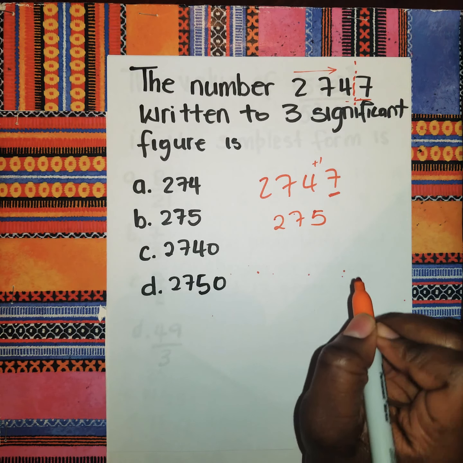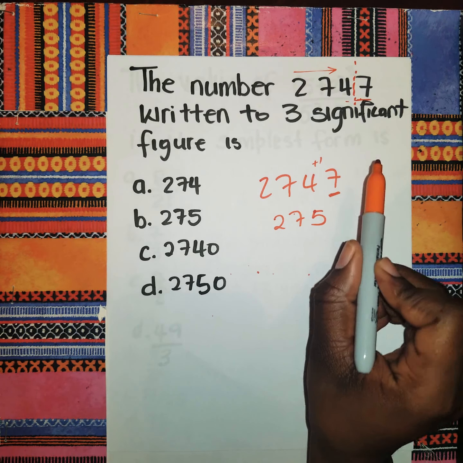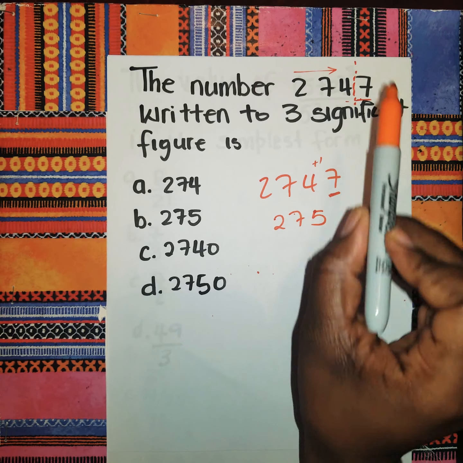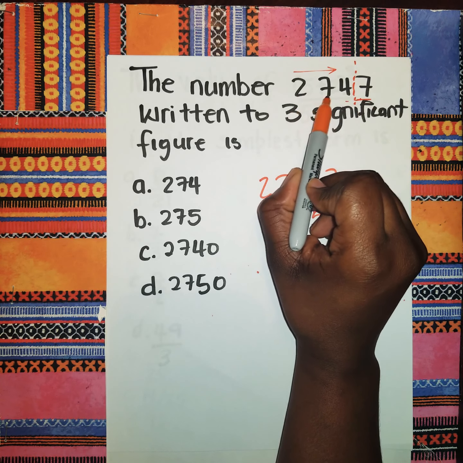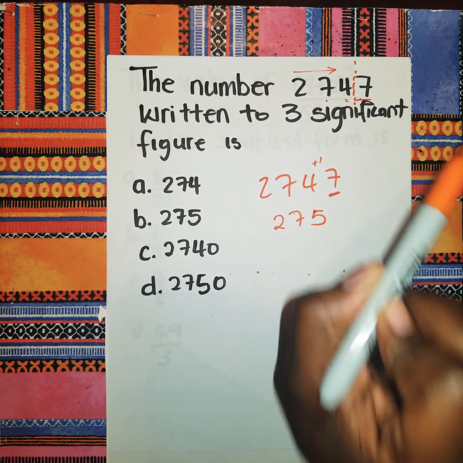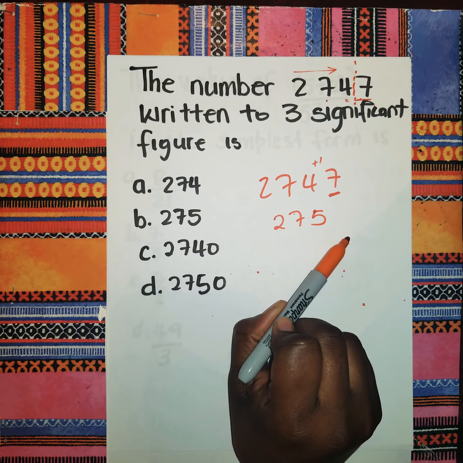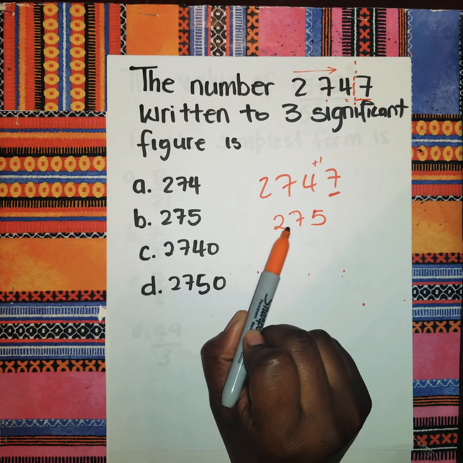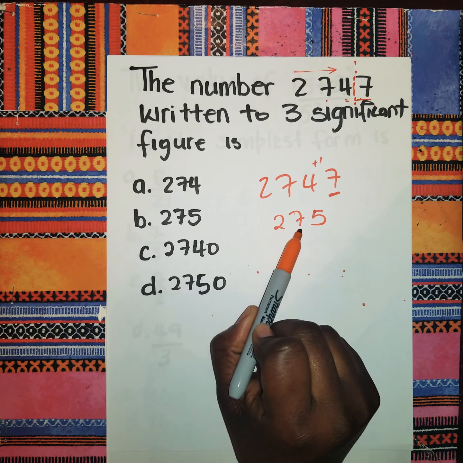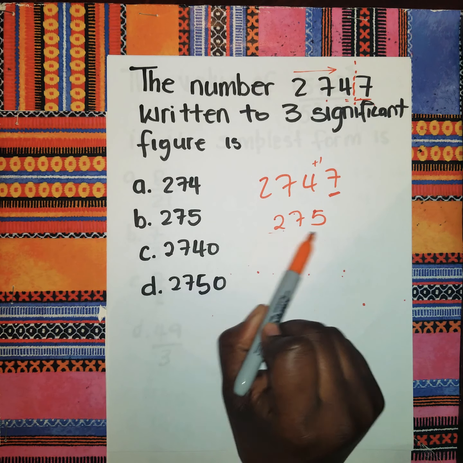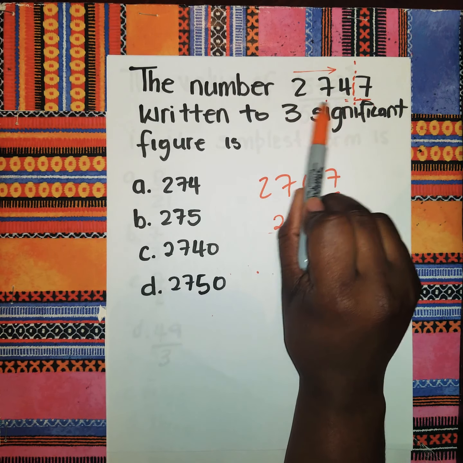But remember, you can't change the value of the number given. Because this number was given in the thousands, as in 2,747, when you write it back in significant figures, you have to ensure you maintain the value of the number. So right here, we only have 275. So this is now in the hundreds, while this was in the thousands.